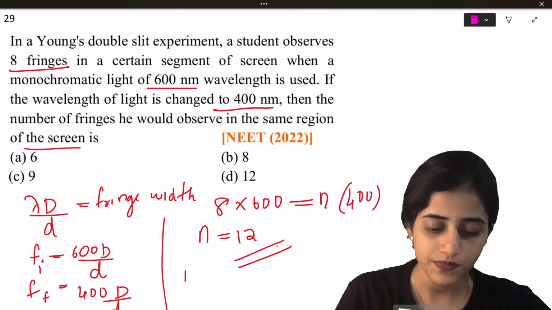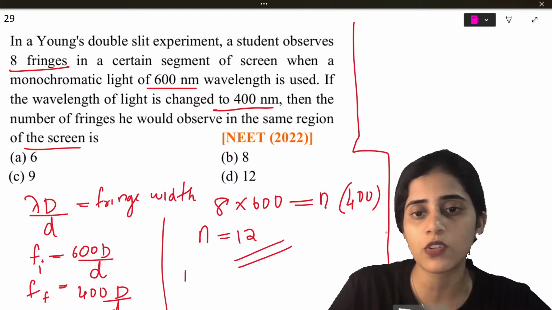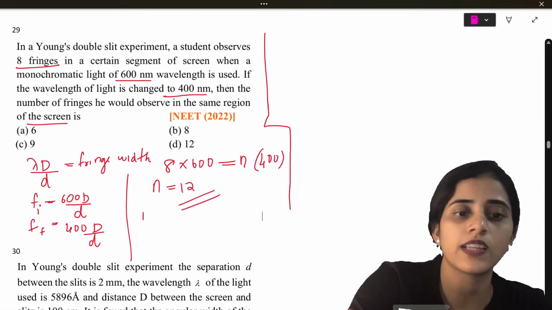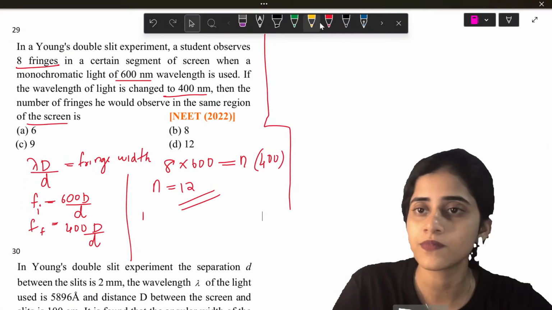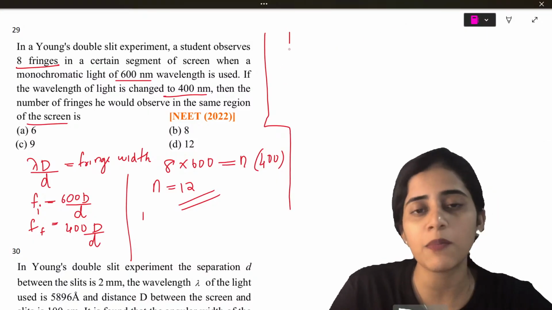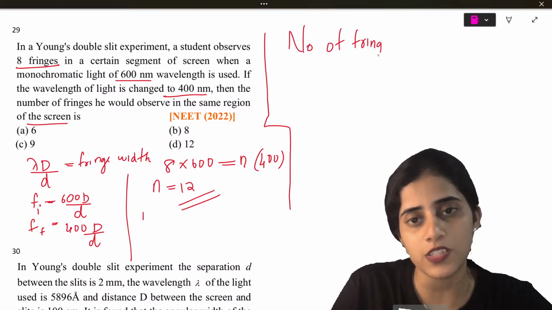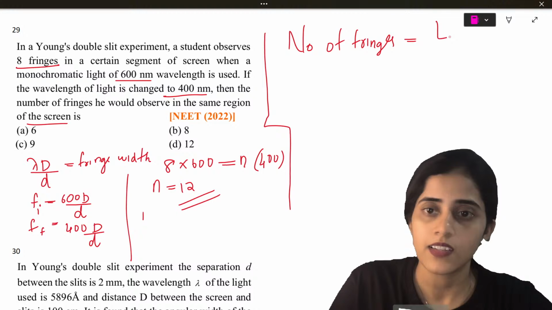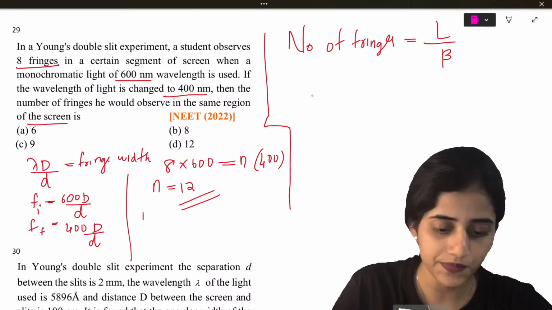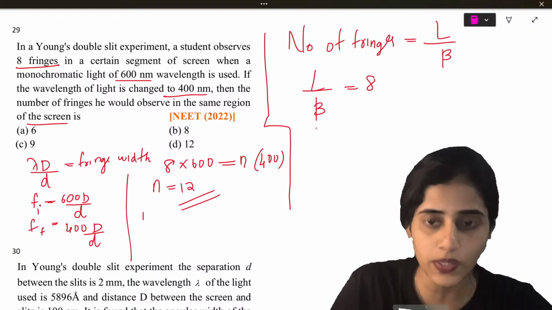For those of you wondering what happened here, I will give you the full formulas as well. The number of fringes is equal to L by beta, and L by beta is equal to 8. What is beta?